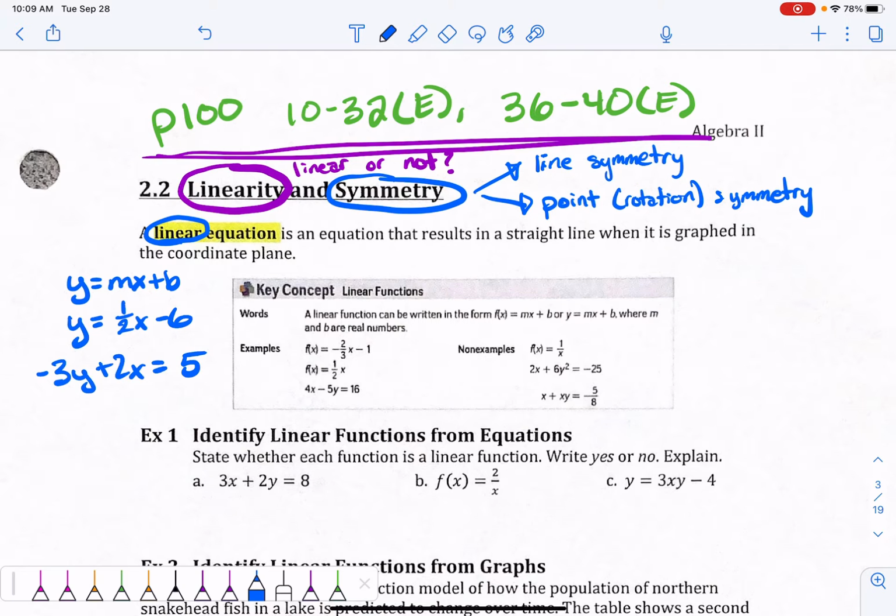So that's a linear function too. It's just not in the slope-intercept form like we're used to seeing. Also, we've seen things like just y equals 4 or x equals -3. Those are all linear functions. Those are just straight horizontal lines or straight vertical lines. And those are still linear functions, okay?